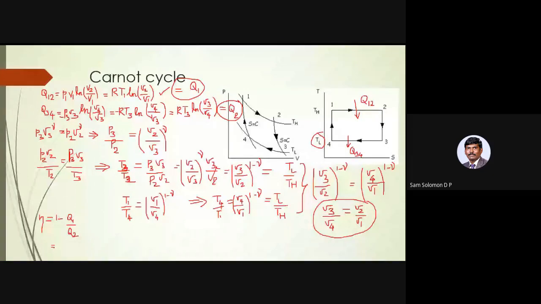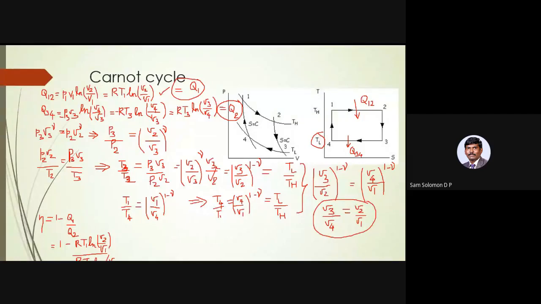So for Q1, I can write this as RT1 ln of V2 by V1, whole divided by RT3 ln of V3 by V4.